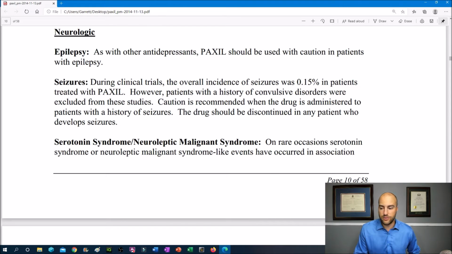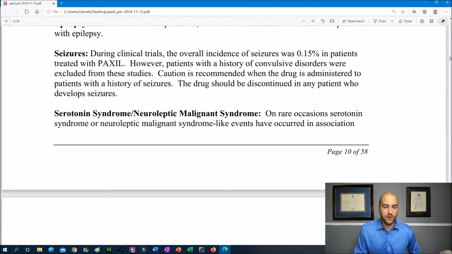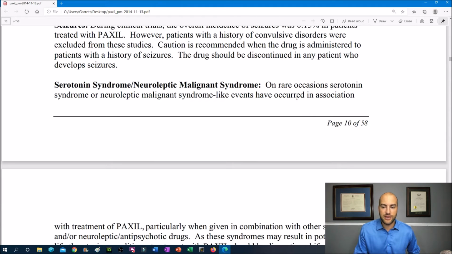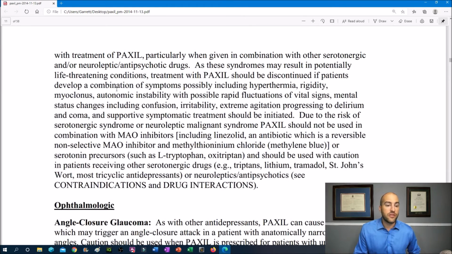This is an important one here, serotonin syndrome or neuroleptic malignant syndrome. On rare occasions, serotonin syndrome or neuroleptic malignant syndrome-like events have occurred in association with treatment with Paxil, particularly when given in combination with other serotonergic and/or neuroleptic antipsychotic drugs.